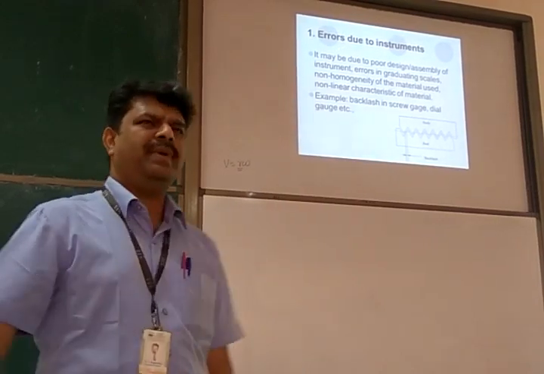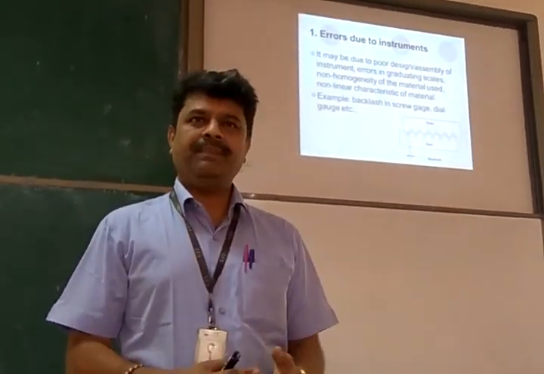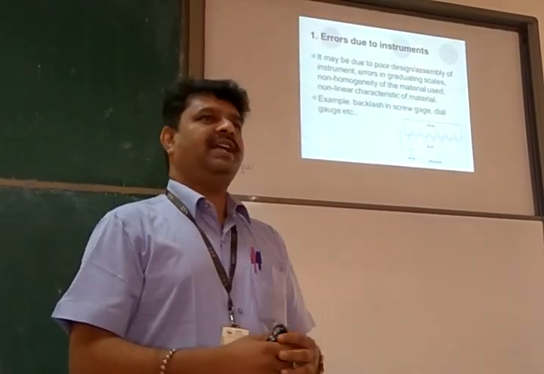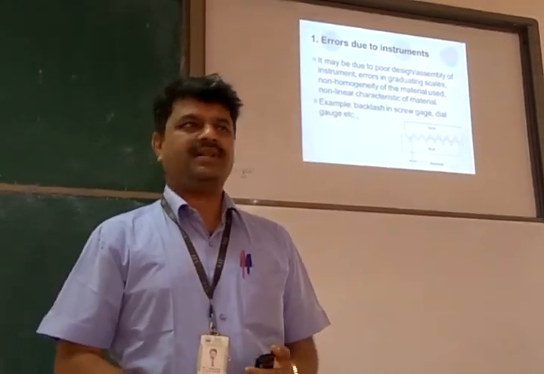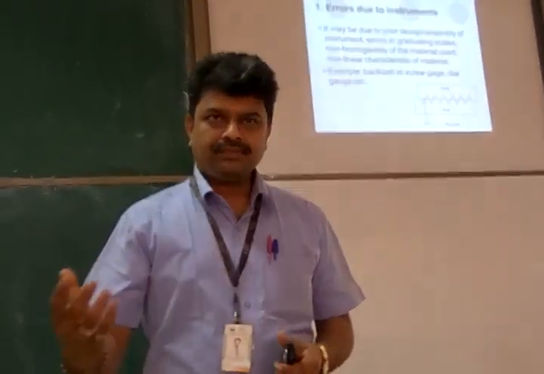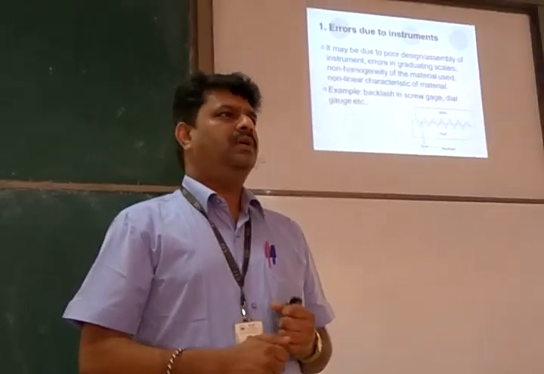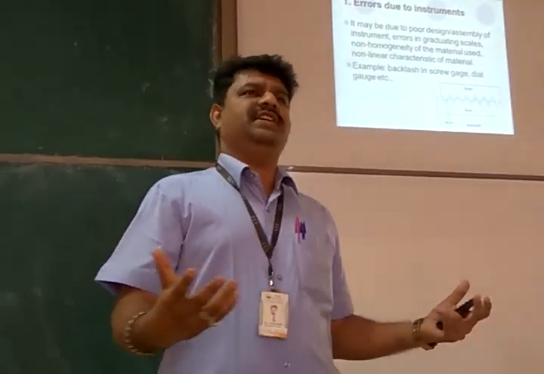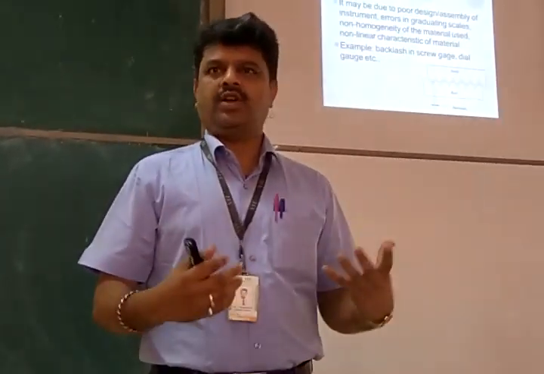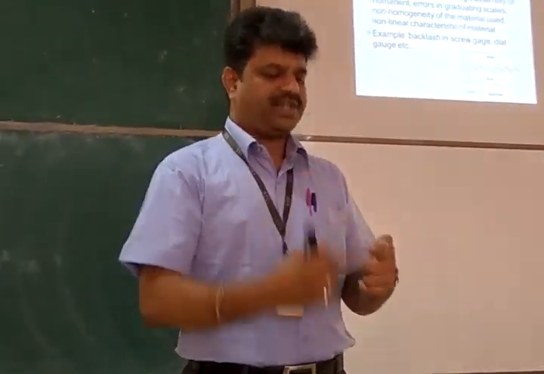Error due to instrument may be due to various reasons. Every instrument is designed and manufactured. In the design stage itself, the designer would have missed a certain aspect. Because of that, my error may come. For example, he might have chosen a material which is non-homogeneous in composition, and he might have chosen that as an element for measuring temperature.